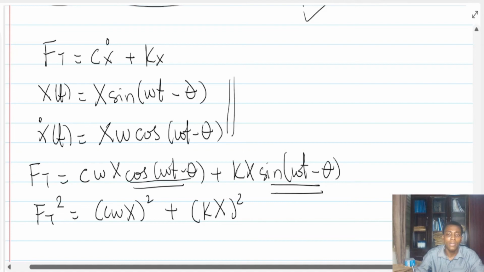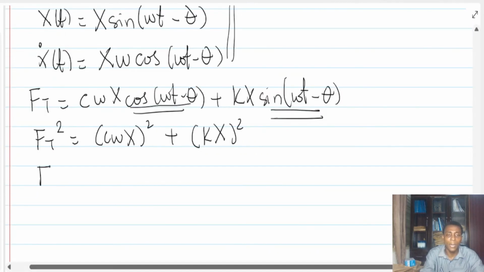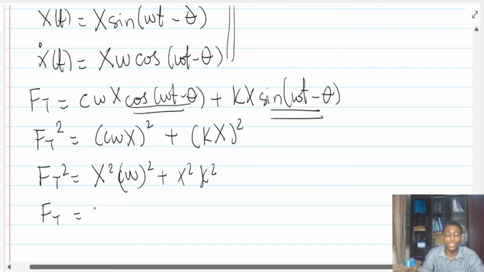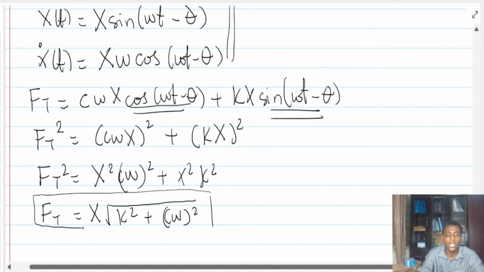Is that right? So that I can actually write this as Ft squared is x squared C omega squared plus x squared K squared. Okay, so Ft will be the square root, and the x will come out to multiply K squared plus C omega squared. But this is actually the force which is transmitted to the support.